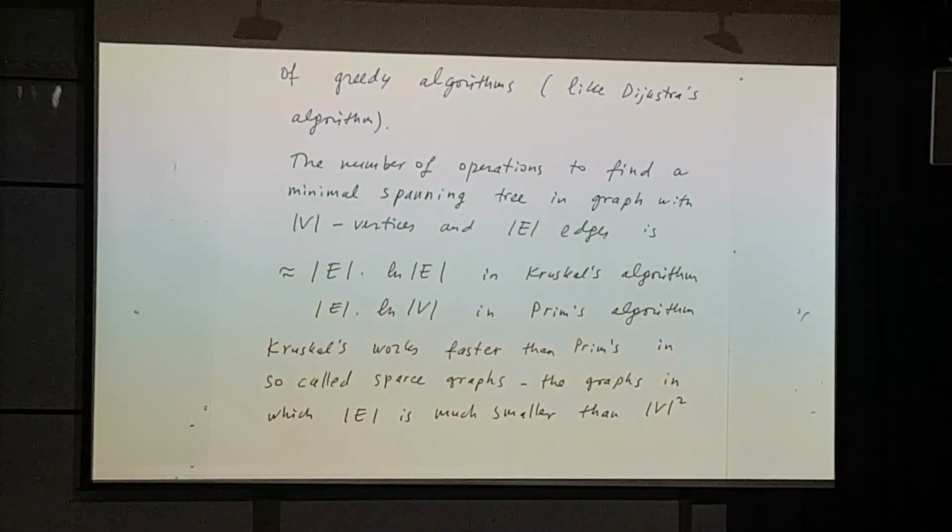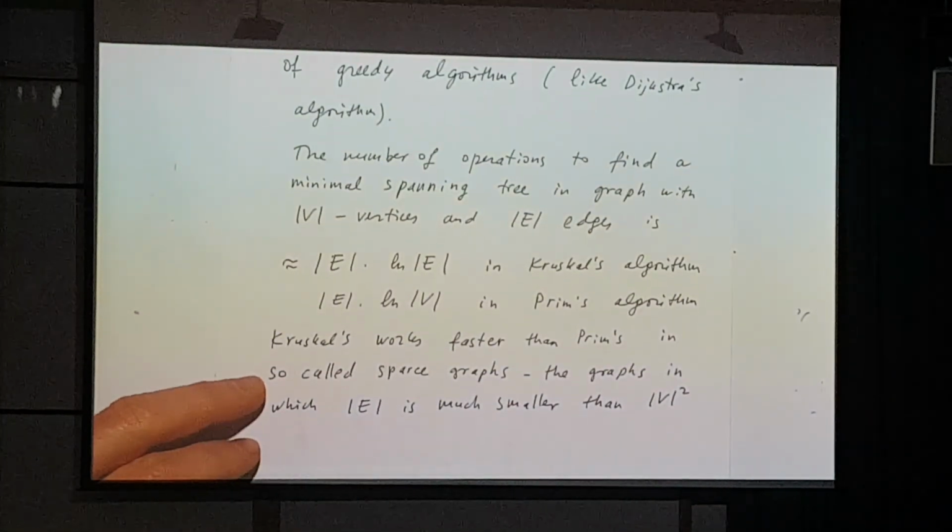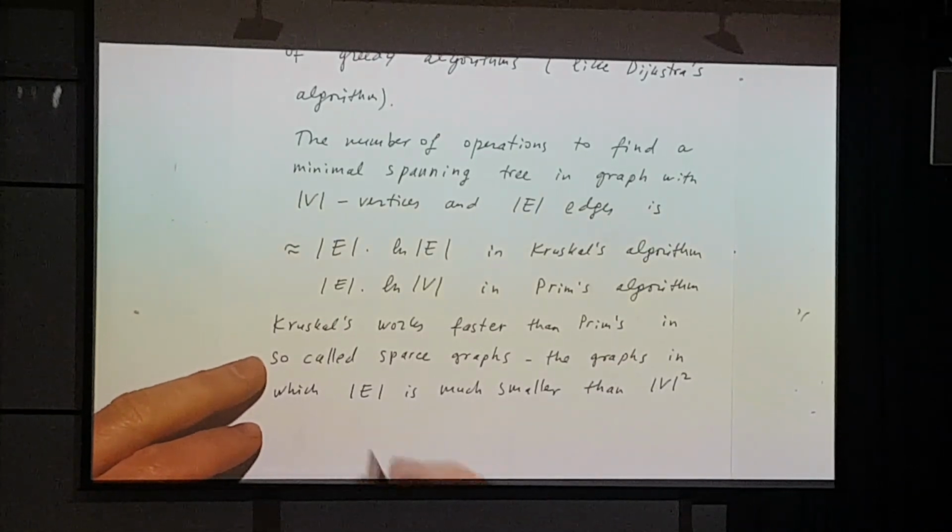And that roughly goes as the square of the number of vertices. A sparse graph is the graph for which the number of edges is actually much smaller than that. So you have few possible edges in your graph.